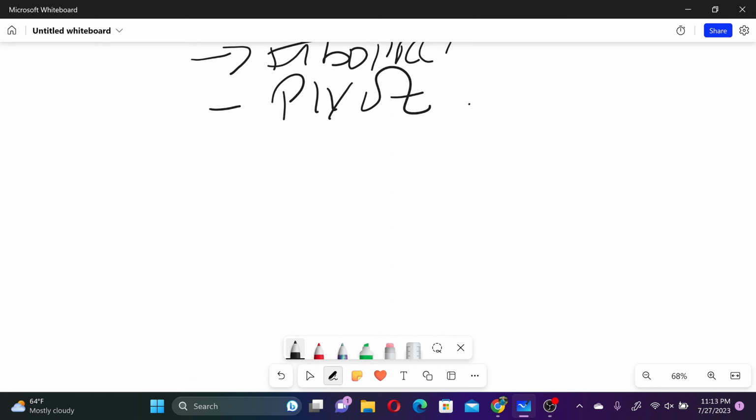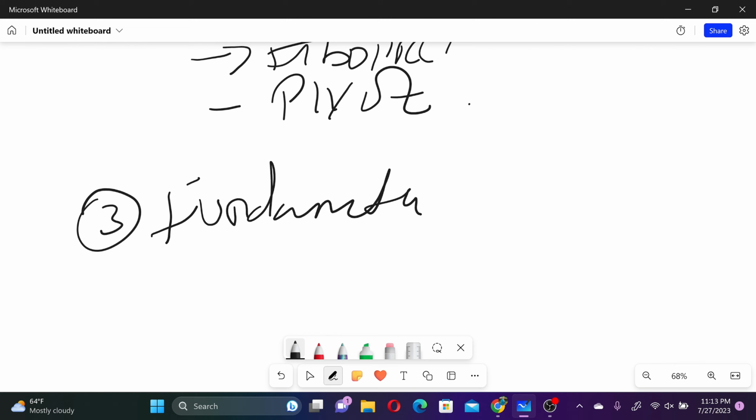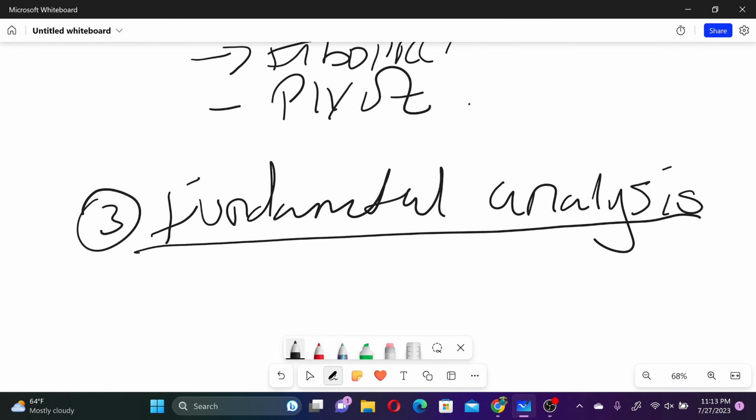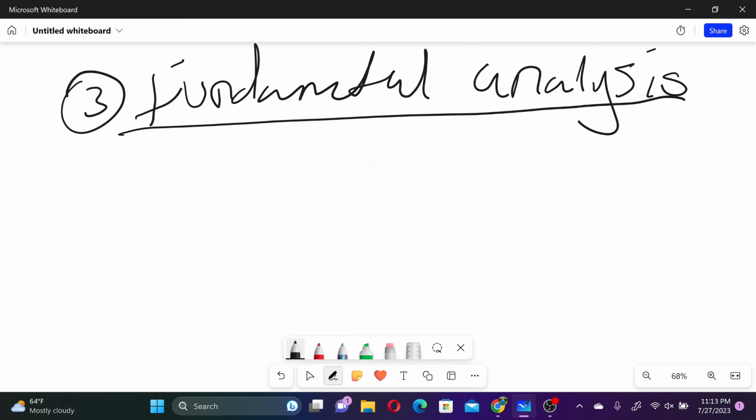Now, the next thing we check on the analysis is what we call fundamental analysis. Fundamental analysis is one of the things so many traders miss. You don't have to be a fundamental analysis trader.